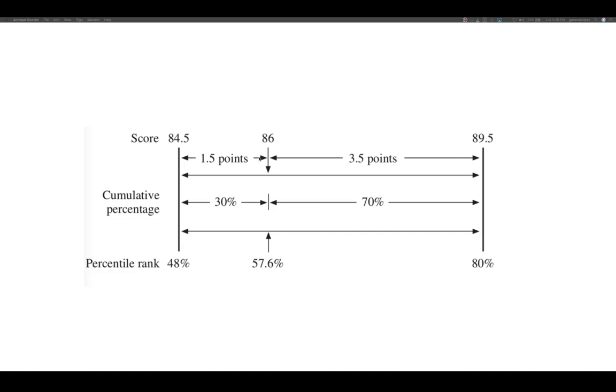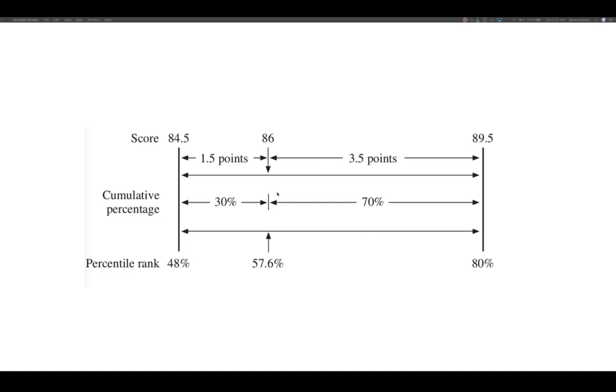And to go across the entire interval, from 84.5 we need a total of 5 points to go to 89.5. So 86 is 1.5 out of the 5 points across the interval.